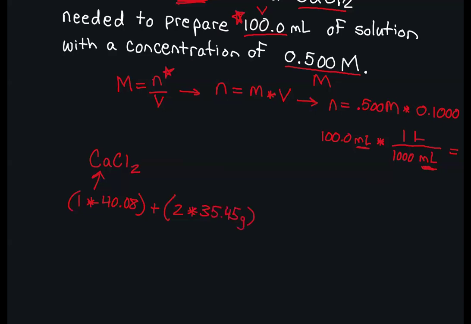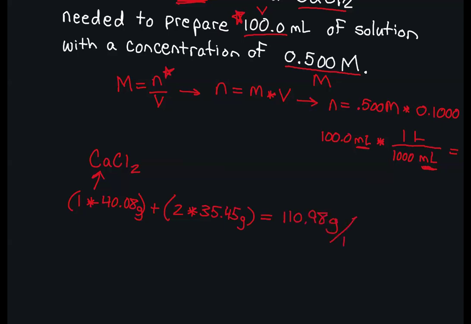Now we just multiply in the parentheses and then add everything up. So 40.08 times 1 is 40.08, and then to that, we add 2 times 35.45. And so we get 110.98 grams over 1 mole. So this is our conversion factor.